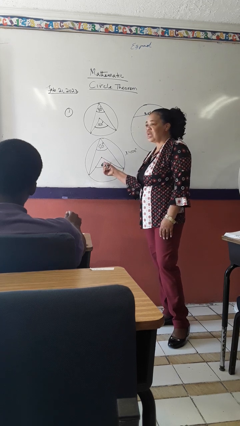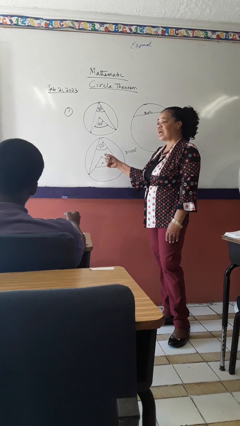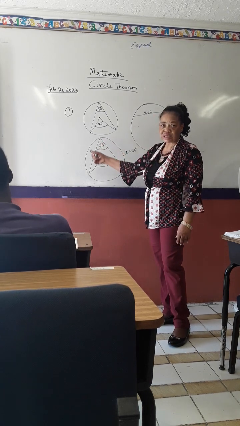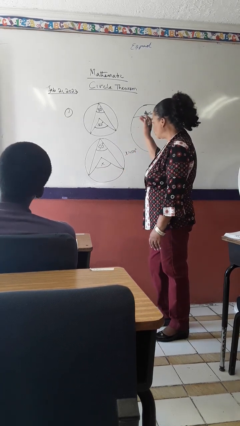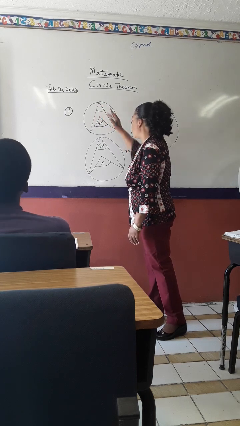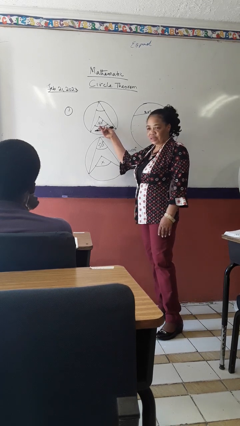The angle subtended at the center is going to be twice the size of the angle at the circumference. And I just say this is the circumference. So, I have given you two separate examples. Example number one is when they give me the angle subtended.